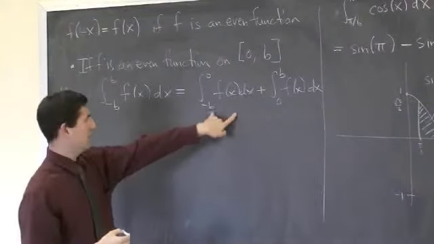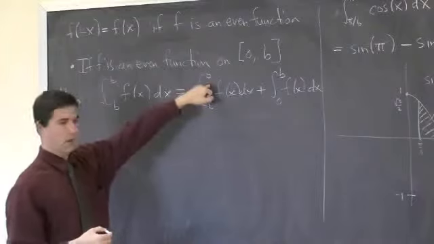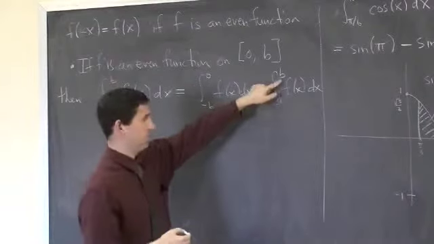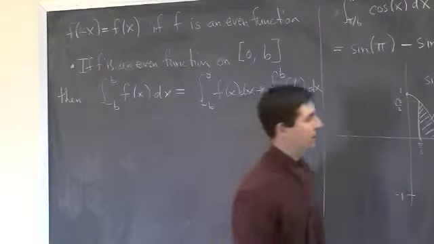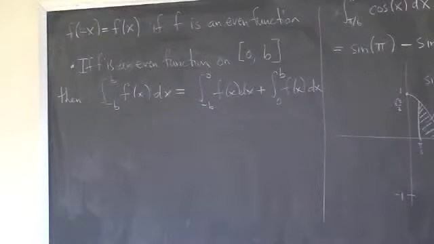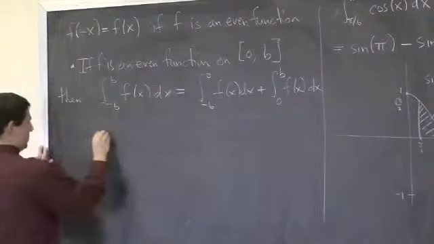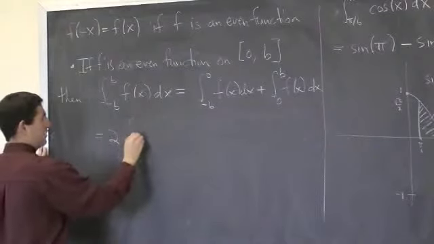But what's the area between minus b and 0 versus the area from 0 to b, if f is an even function? It's the same area, right? Just like over here. Now, with the even function, these give you the same area. That should be minus 1 all along. From minus 1 to 0, you get the same area as from 0 to 1. My picture notwithstanding. So this is actually just 2 times the integral from 0 to b.